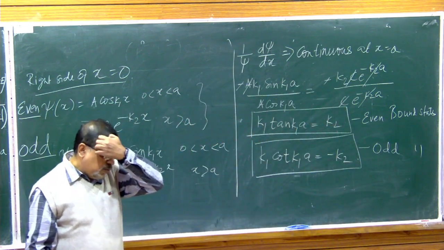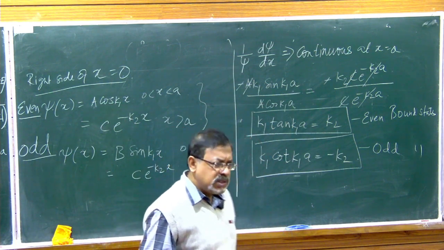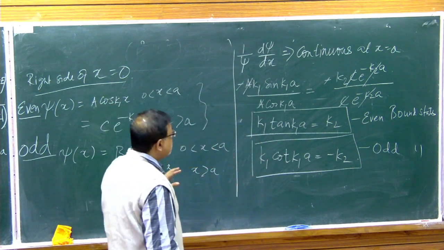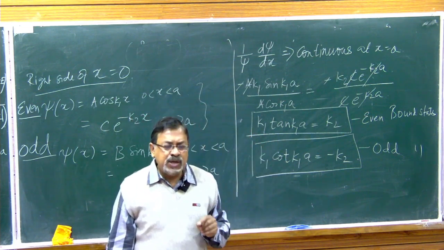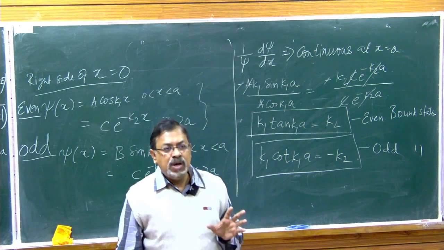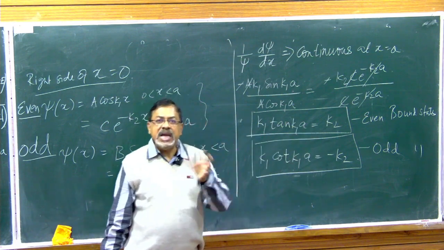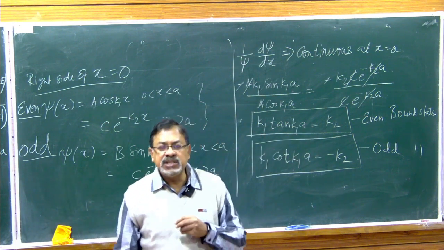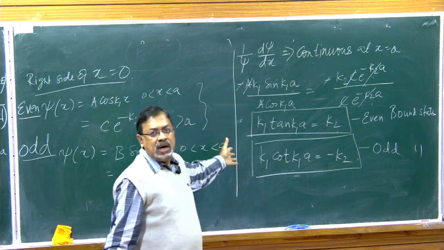So we get two equations. We don't know how to solve these two equations because the solution is not so easy. You remember that k1 and k2 both contain energy. k2 contains both E and V0, you see the definitions that we had written earlier, and k1 contains only energy.